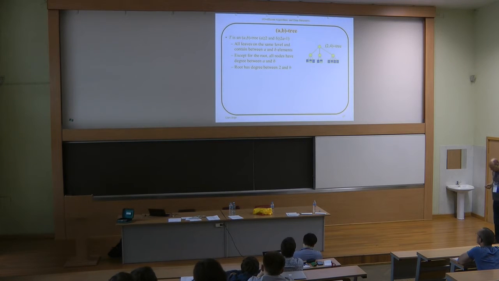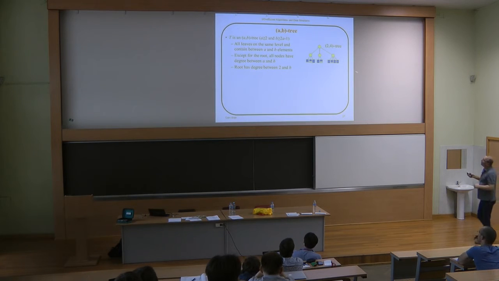So a tree is an AB tree if it has all its leaves on the same level. Actually, all the trees I've been drawing for you until now have had all their leaves on the same level. They've been perfectly nicely balanced. So a B tree has all the leaves on the same level, and that's where the data is sitting in sorted order.